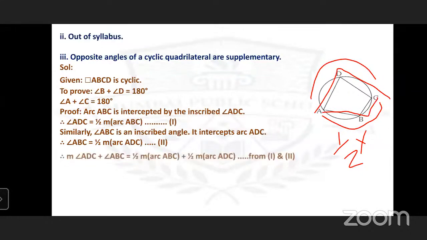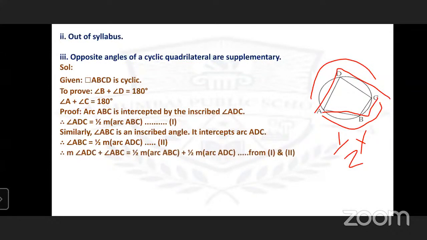Right? So from equation 1 and 2, we add equations 1 and 2. Angle ADC plus ABC is equal to half major arc ABC plus half major arc ADC. Now we take half common: half of measure of arc ABC plus measure of arc ADC.